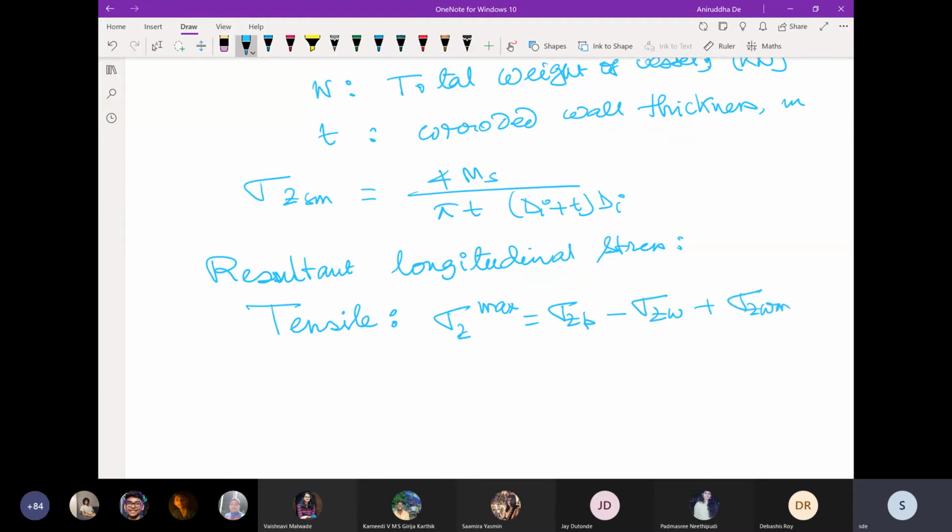We'll consider the upwind side stress, because we are calculating the maximum stress, plus sigma ZSM.